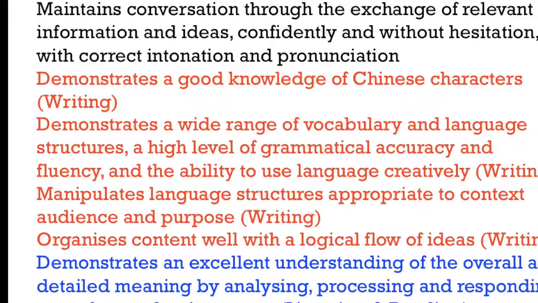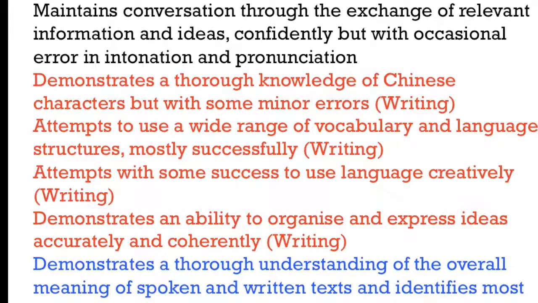Have a look at the band 6 description. You have to demonstrate the ability to write Chinese characters, to use vocabulary and grammar, and to organize ideas and information. These can only be demonstrated in the writing section. Also, you have to demonstrate the ability to analyze text types and to identify specific information, and this can be demonstrated in the reading and listening sections.